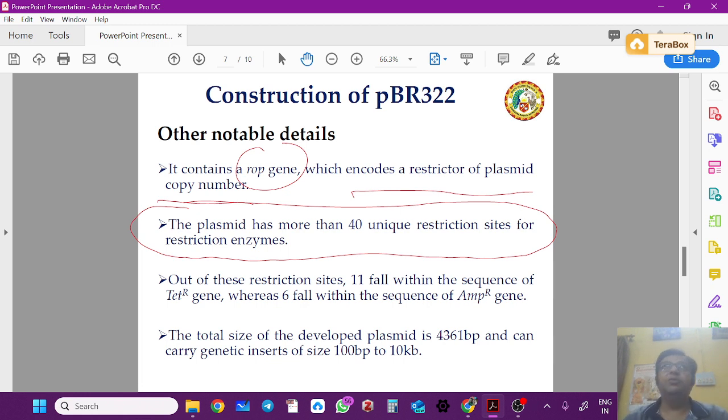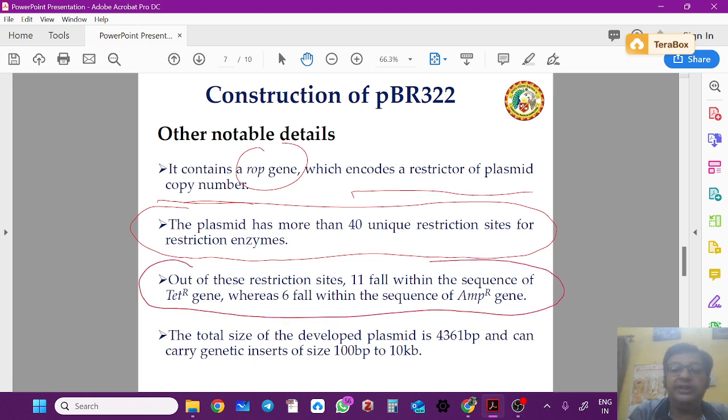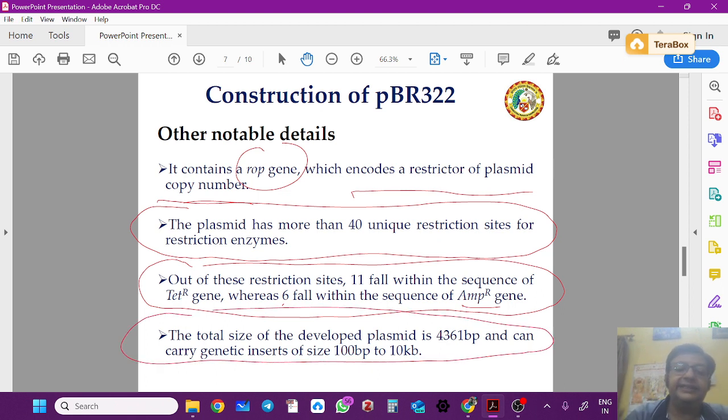More restriction sites, more different types of inserts can be cloned in different regions. Out of these, 11 fall within the TET-R gene and 6 fall within the ampicillin resistance gene. Total size is 4361 base pairs, and it can carry inserts, the gene of interest, from 100 base pairs to 10 kb.